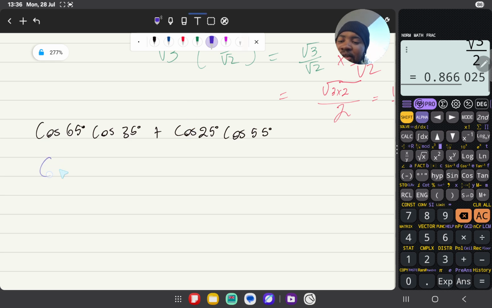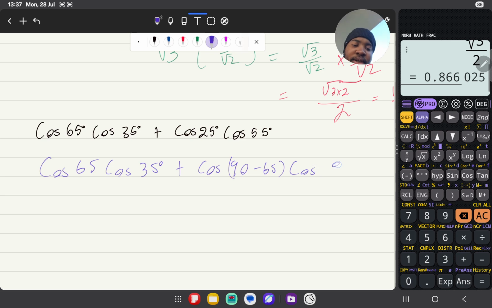So they can say, okay, we have cos 65 cos 35 plus cos 90 minus 65 cos 90 minus 35, and then you will have cos 65 cos 35 plus, this becomes a sine and a positive sign, so sine 65 multiplied by sine 35, right?